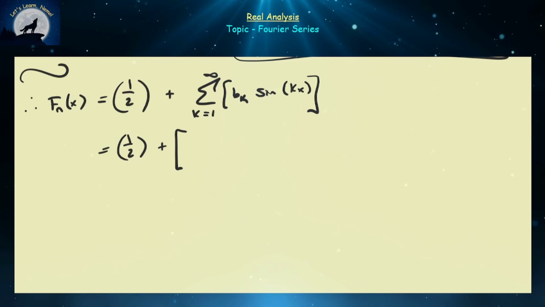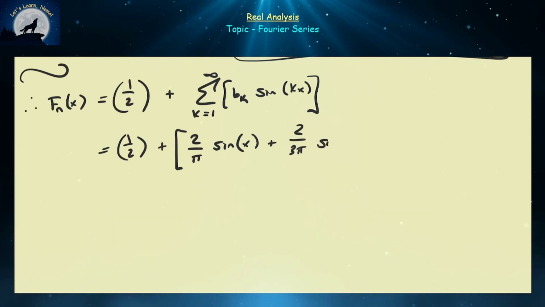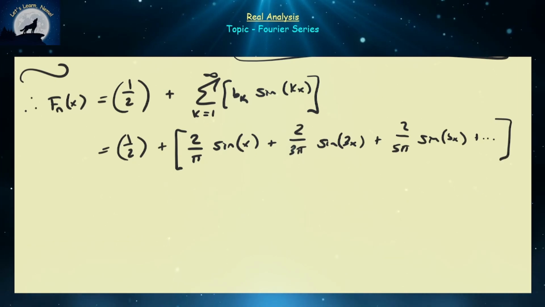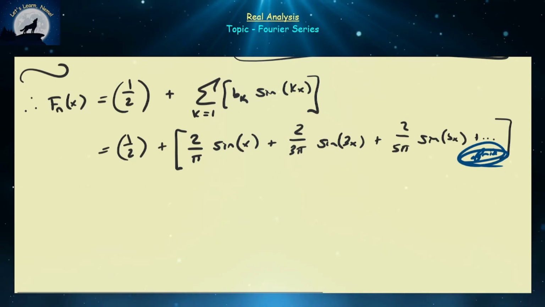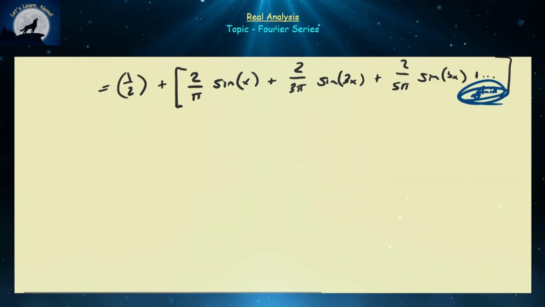So this is going to be equal to 2 over 1 pi times the sine of 1x, and then 2 over 3 pi times the sine of 3x, and then 2 over 5 pi times the sine of 5x, and this is going to continue all the way out to the last term. Keep in mind this is a finite sum, not an infinite sum. So let's get rid of that infinity, because we do not necessarily know it converges yet.